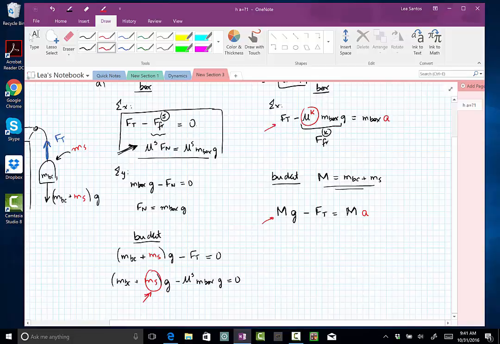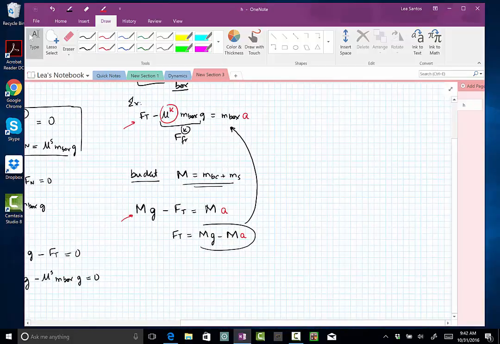So what we are going to do is I'm going to isolate the tension force from here. So the tension force is big M g minus big M a. And now I'm going to put this whole equation, this whole F_T, up into the equation for the box. Okay, so if we do that, let's see what we get.